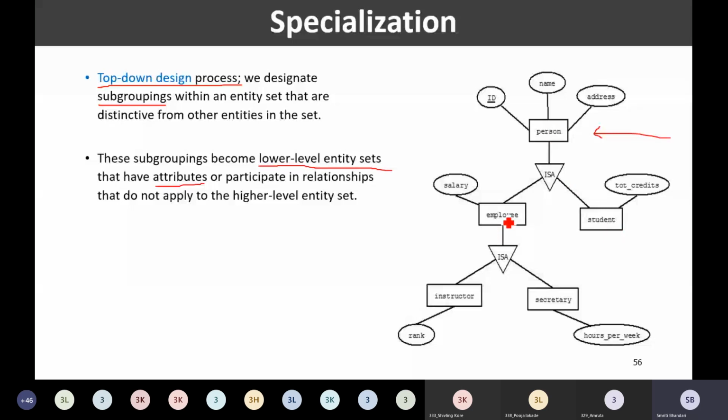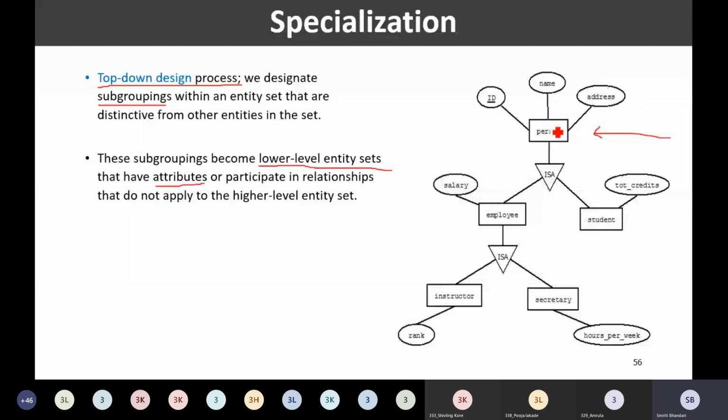So I may say that student is a person, or I may say that employee is a person. So here I am having all those attributes of the higher level entity set available to the lower level entity set. I'll repeat.